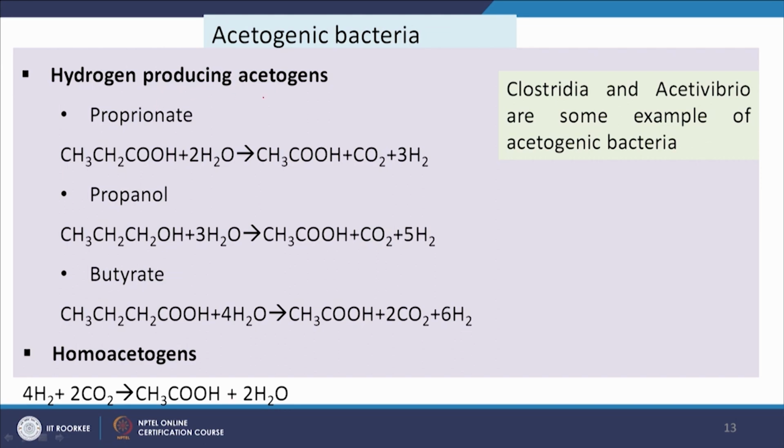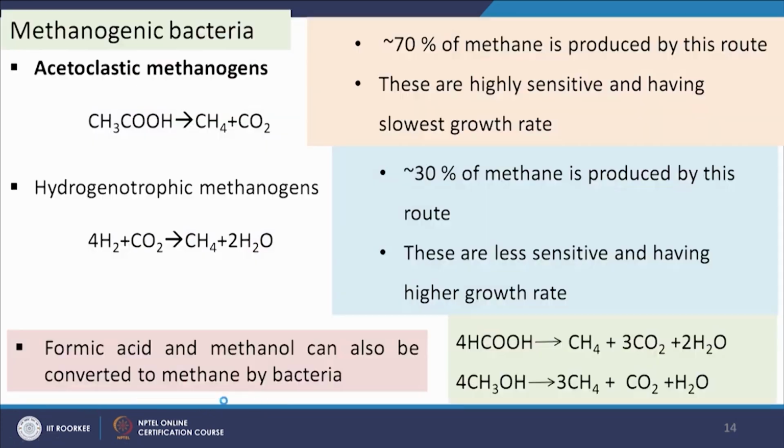So, hydrogen producing acetogens, like, say, Clostridia and Acetivibrio are some examples of acetogenic bacteria, that is propionate will be converted to acetate and CO2 plus 3H2, propanol again will be converted to acetic acid, and butyrate will also be converted to acetic acid, and homoacetogens, this is the other type of microorganisms, that is H2 and CO2 will be combined and that will be converted to CH3COOH.